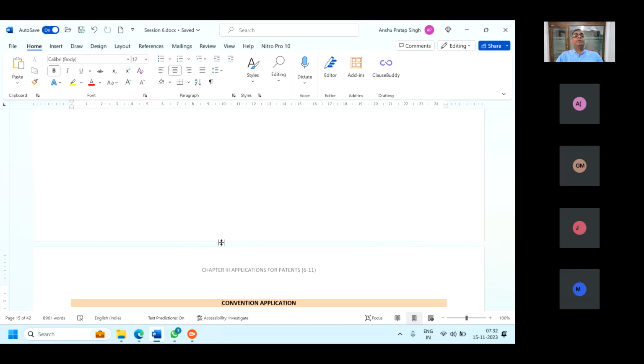In a divisional application, both applications are treated as separate applications, and they will result in independent patent grants, and there will be separate requests for examination and other things. While a patent of addition is dependent on the main application, or main patent. If the main patent fails, the patent of addition cannot be granted before the main patent is granted.